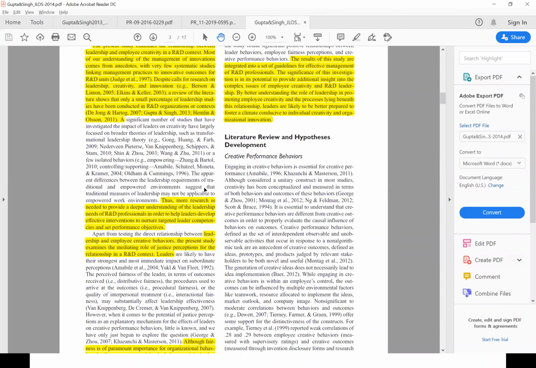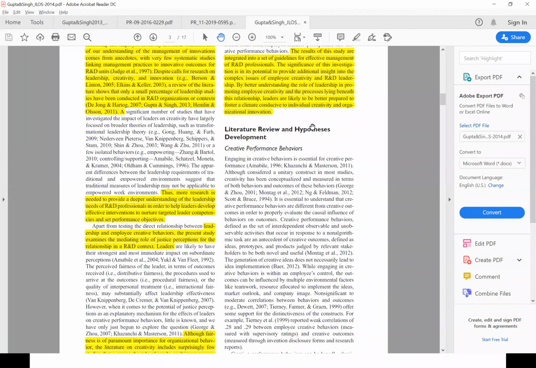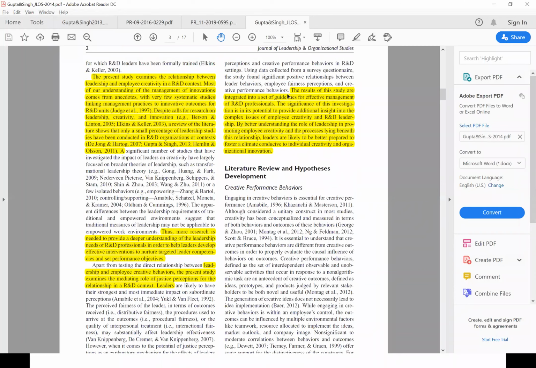And then finally, I talk a little bit about the role of fairness. And then I say that the results of this study, so what question, or why is it important, or the contributions to the literature and to our knowledge. The results of this study are integrated into a set of guidelines for effective management of R&D professionals.